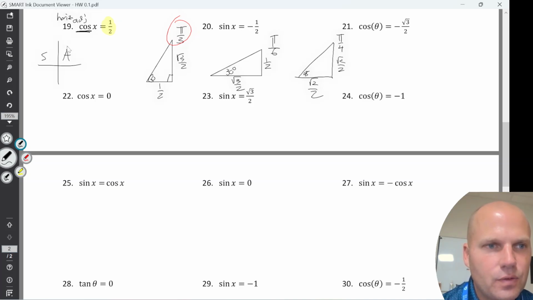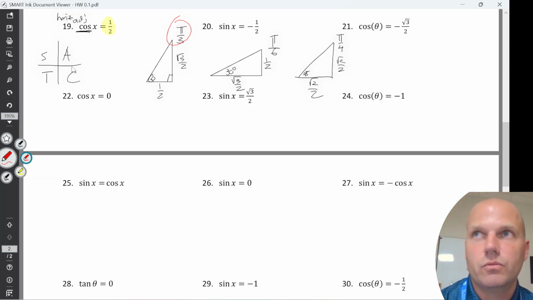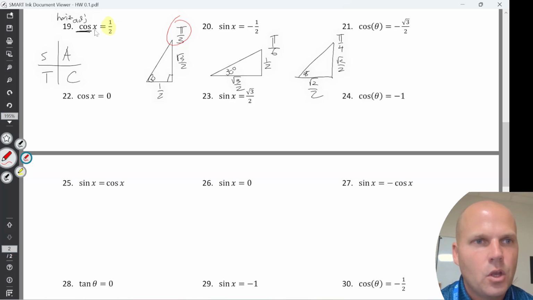Cosine is positive in the first quadrant, where all trig functions are positive, and the fourth quadrant, where all of the angles here will have a positive adjacent. This is All Students Take Calculus. It helps you understand which angles are positive where, or which trig functions give you positive solutions where.